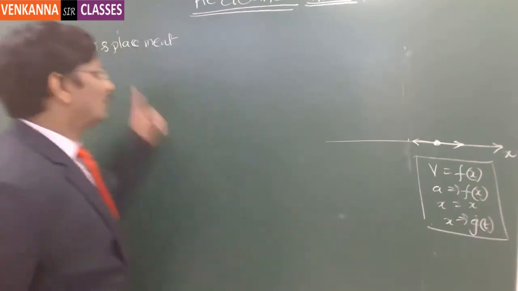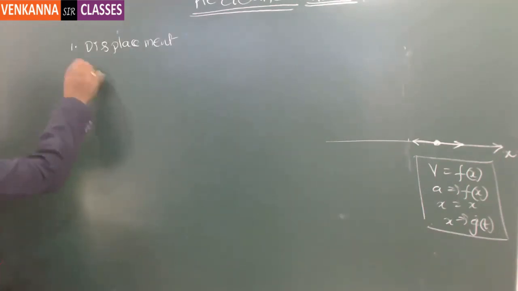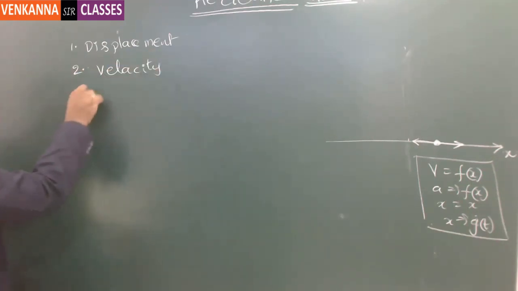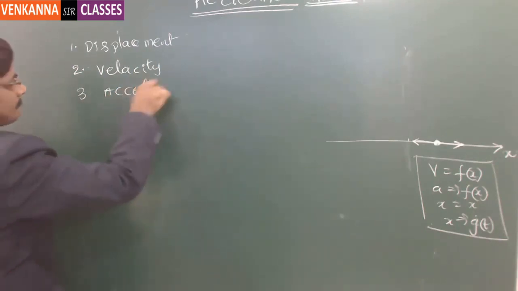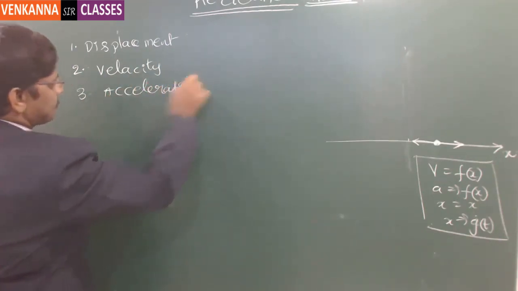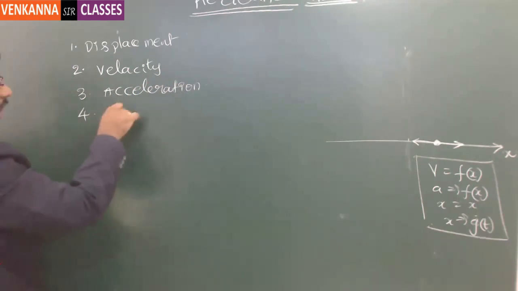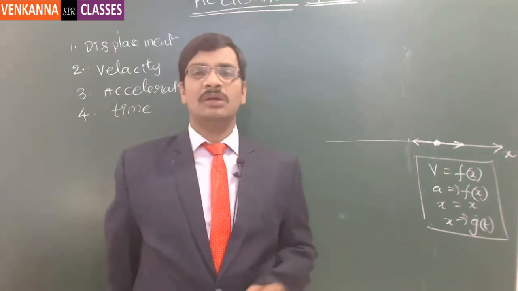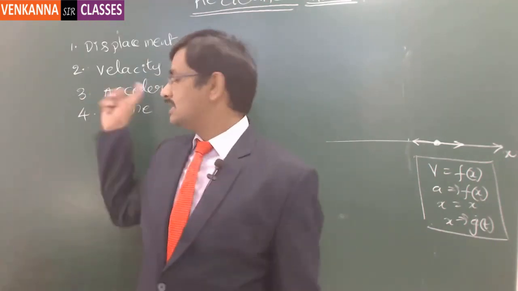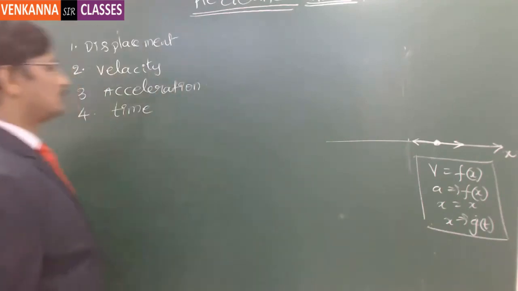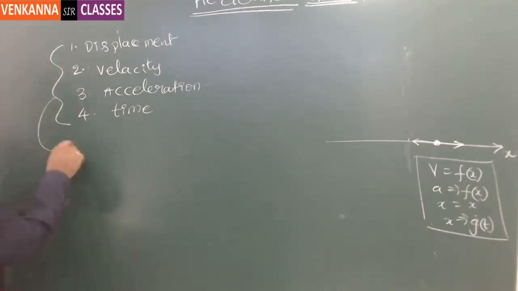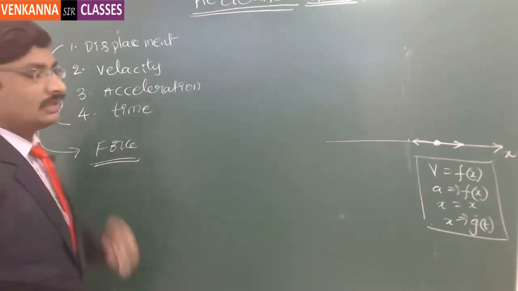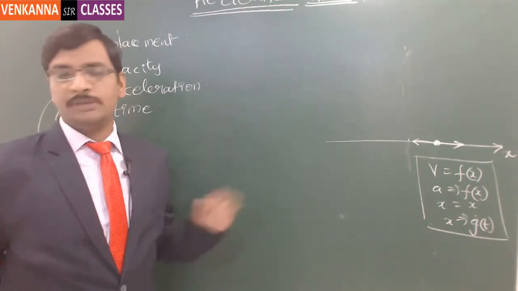Those variables are, one, the displacement, another, the velocity, another, acceleration, and the fourth one is time. Whatever the complexity of the problems we solve, we are always playing with only these variables. The cause of all these things is force. Except for these aspects, we are not going to deal with anything, right? So this is the complete scope of the dynamics topic.